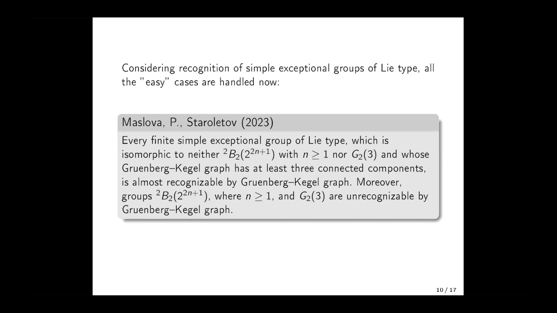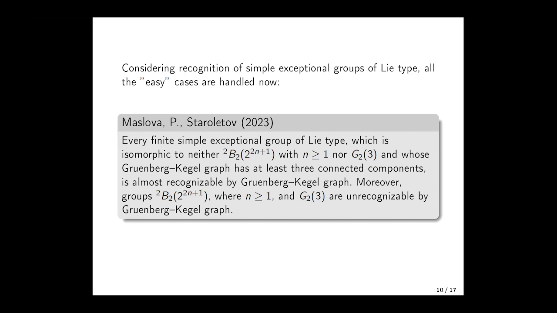Yeah, I understand. And are there some other questions, comments? So, maybe one more question. What do you think about the following? Many more groups can be recognized by the Gruenberg Kegel graph and by the order than by only the Gruenberg Kegel graph.